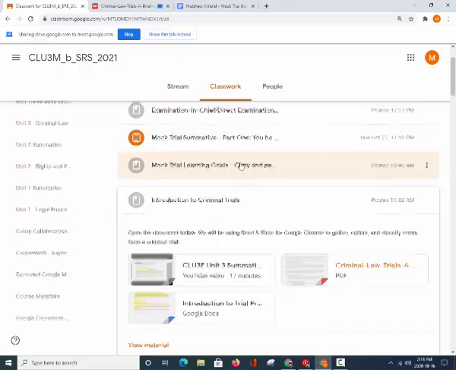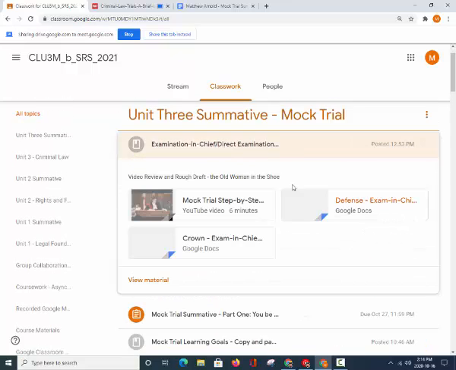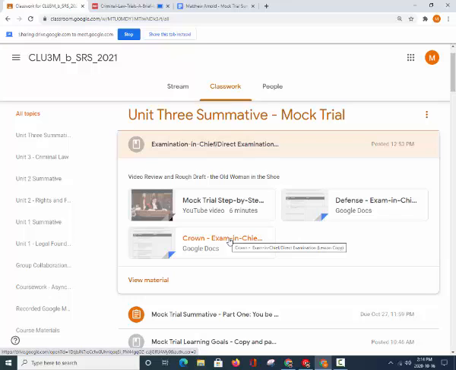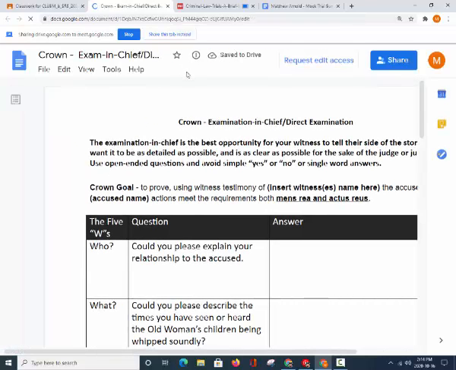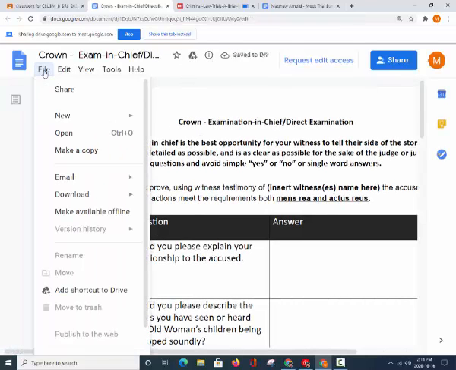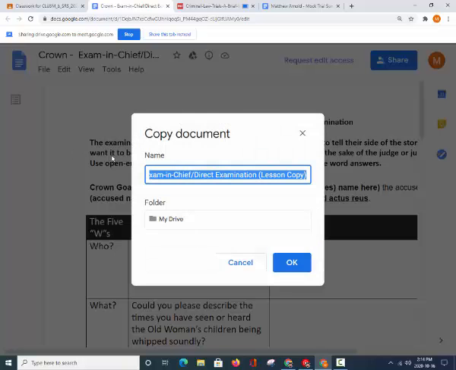If we take a look at the examination in chief or direct examination, the first perspective I'm going to look at is the Crown. And the person that we are questioning today is the old woman in the shoe.